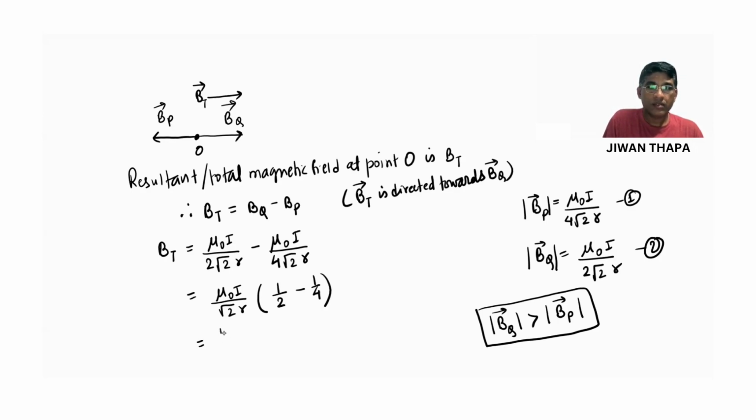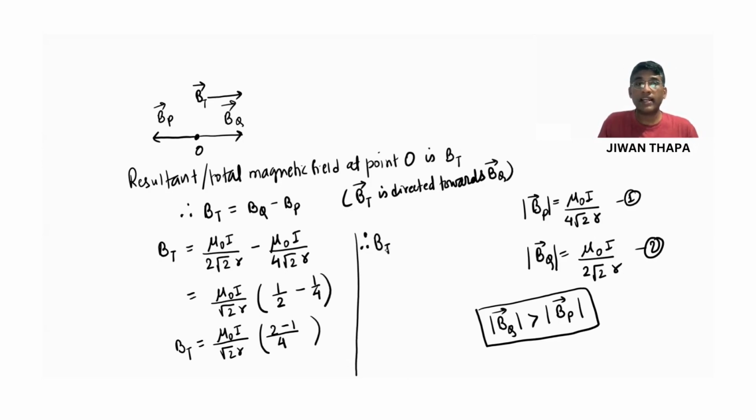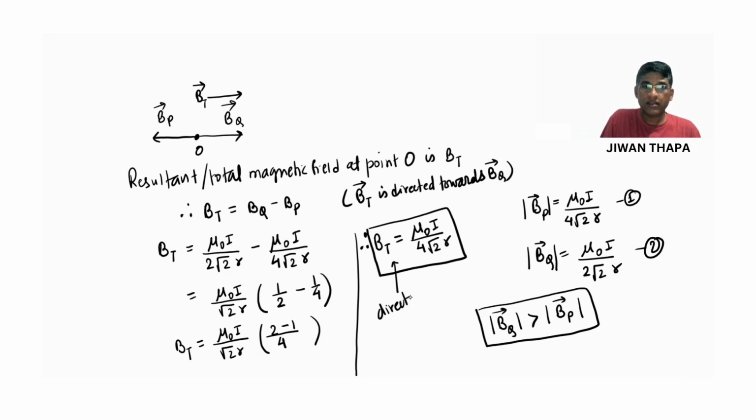So let us do simplification, okay? Therefore, net or total or resultant magnetic field at point O due to coil P and Q is BT equals mu naught I by 4 under root 2 R. And as I said earlier, okay, it is directed towards coil Q. So we have this.